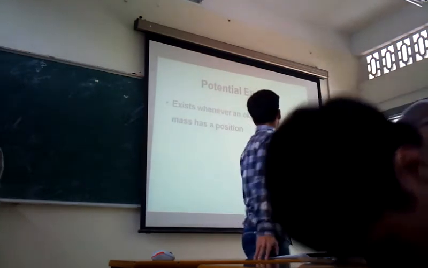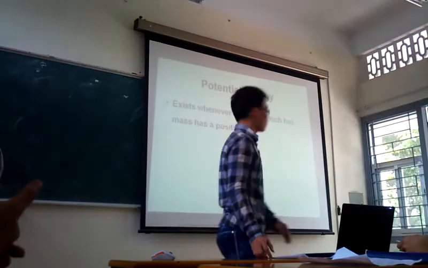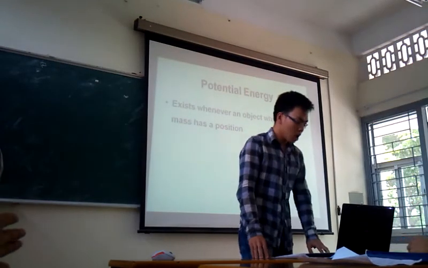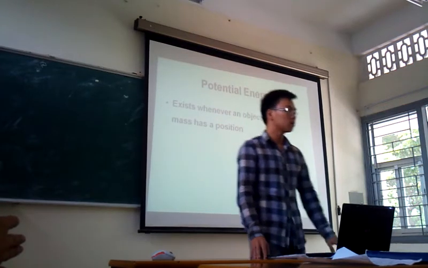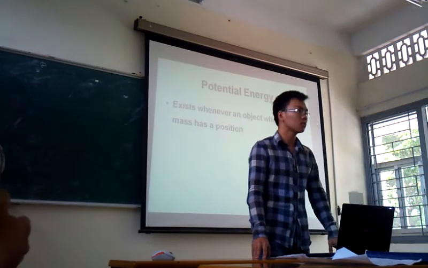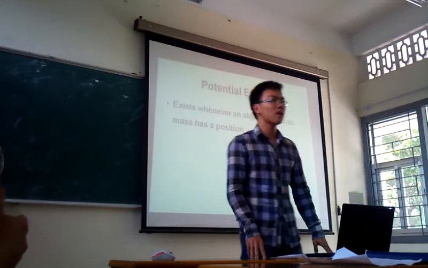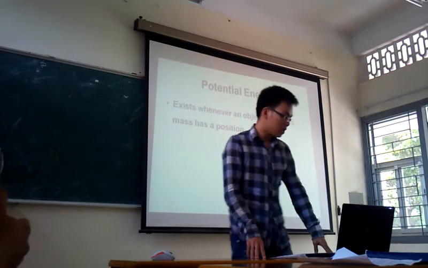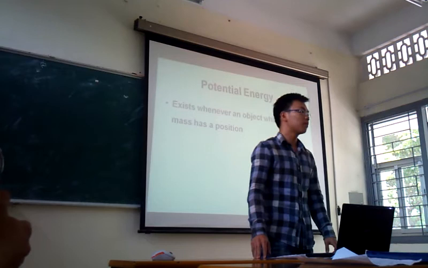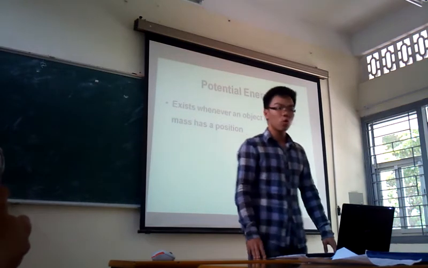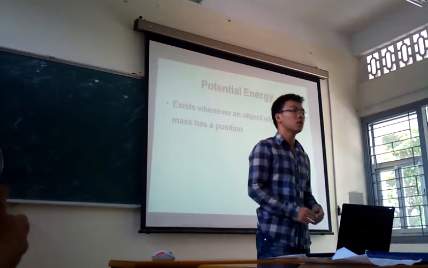Potential energy is the energy an object has because of its position within the force field. Do you understand? I think it's very simple and clear to understand. But in the definition of potential energy, I want to express that potential energy depends on the position.